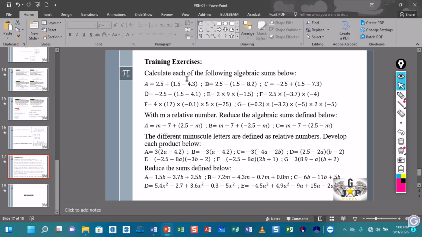So just go through them and solve them on your own. I'm not going to solve them here. For our next session, I'm going to come up with a specific session for correction, where I'll solve them one after another, and you just check your own answers, compare with mine, and see if you got it right. That's how it's going to be.